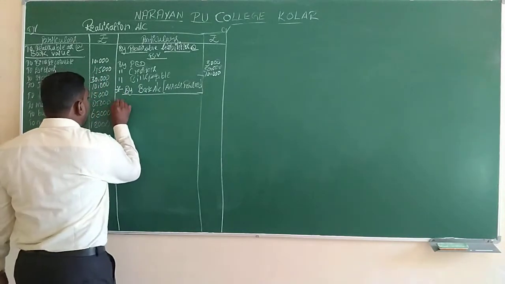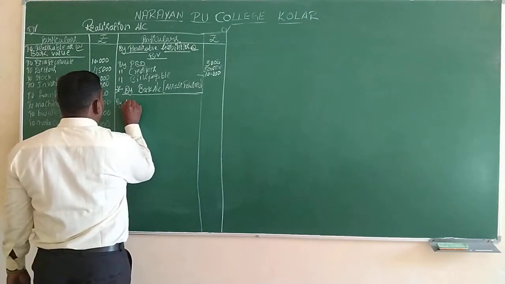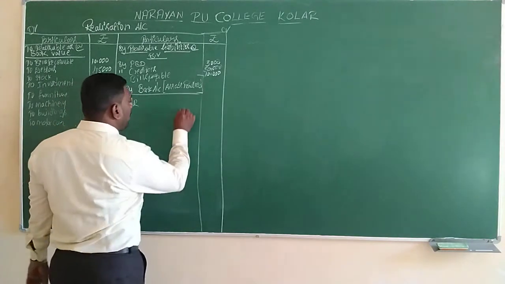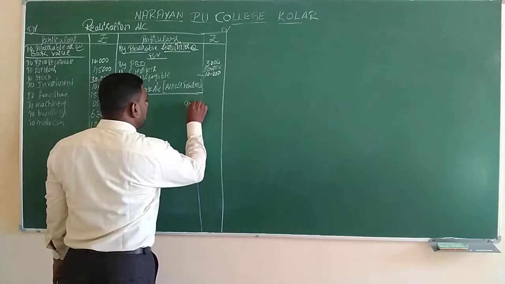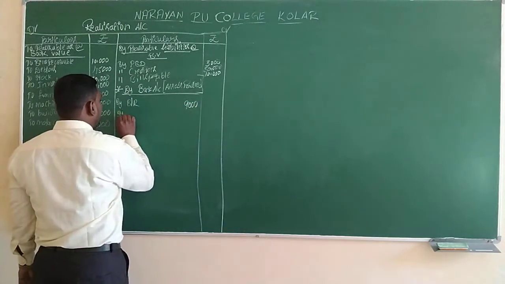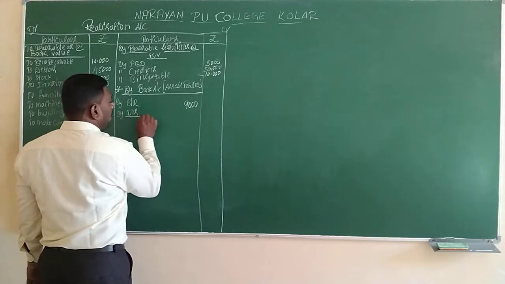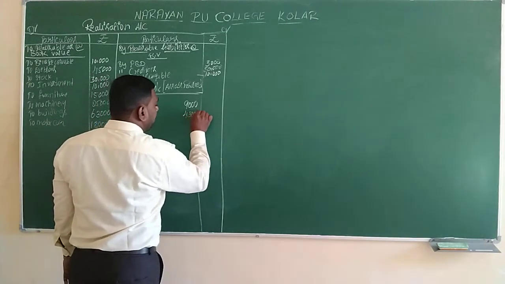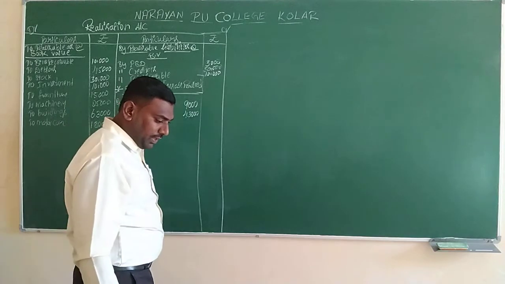Number 1, by bills receivable. We write the value in the inner column, rupees 9,000. By debtors, 43,000.